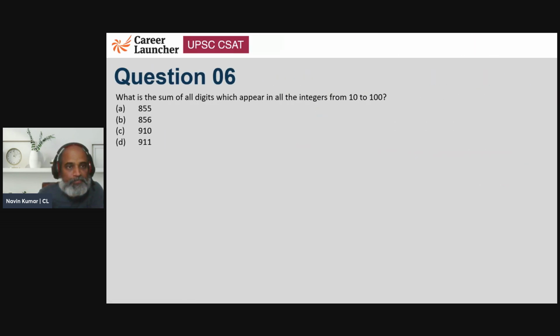Next problem. What is the sum of all digits which appear in all the integers from 10 to 100? Now, if you look at the options, there will always be uniqueness here. So what I'm going to do is I'm going to write 10, 11, 12, 13, 14, 15, 16, 17, 18, and 19.